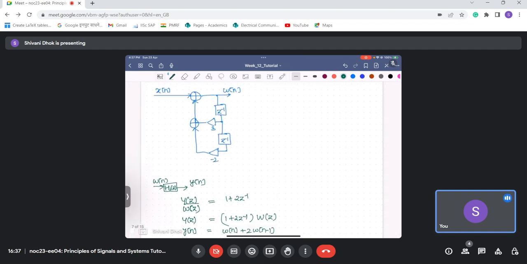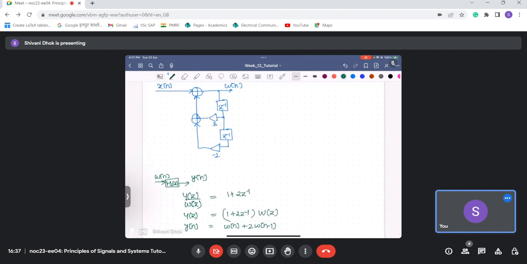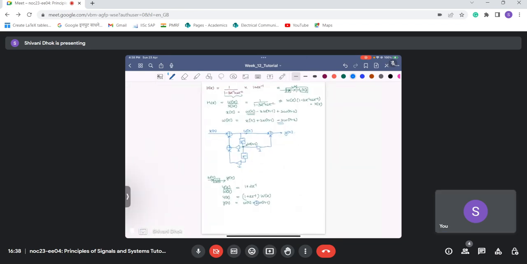If we observe carefully, this is w of n that we have obtained, and this point here is basically w of n minus 1. So we take this w of n and this w of n minus 1, multiply it by a factor of 2, and then add it, and this will give me my y of n. Okay, madam, I got it. So this is how your direct form 2 is constructed.